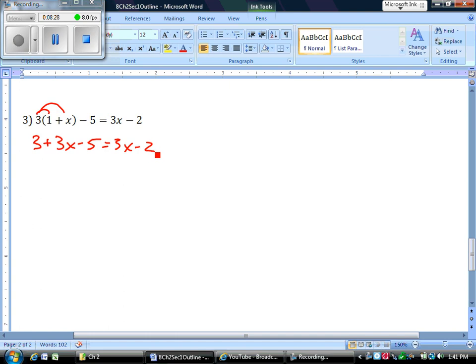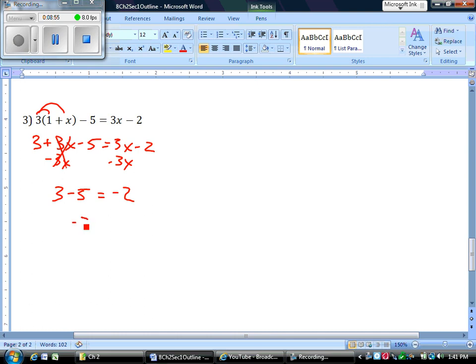Okay. Now I see I have variables on each side, and I have constants on both sides. So let's take my variables to one side and constants to the other. This side, that side, it doesn't matter. If I subtract 3x to get rid of that, I'll have 3 minus 5 equals negative 2. The 3x here and 3x here cancel out.